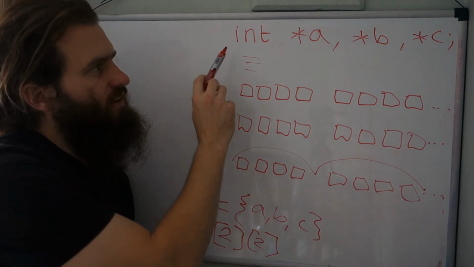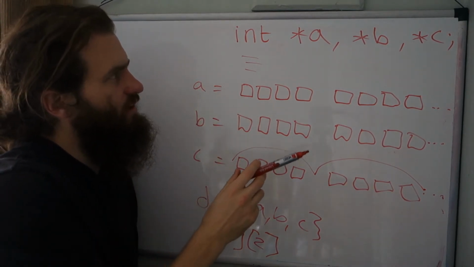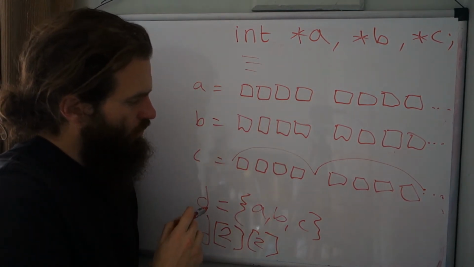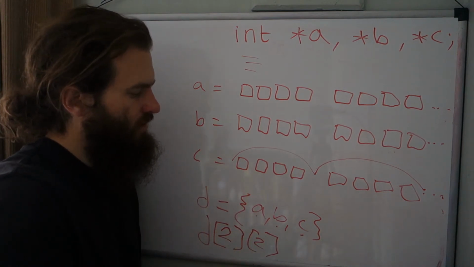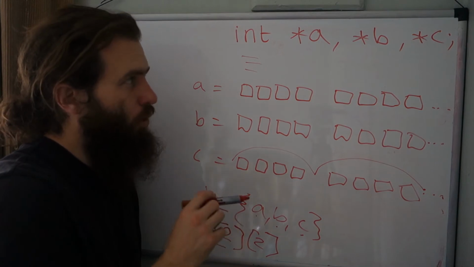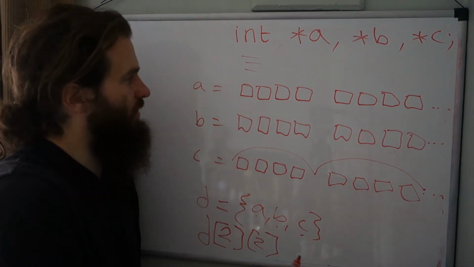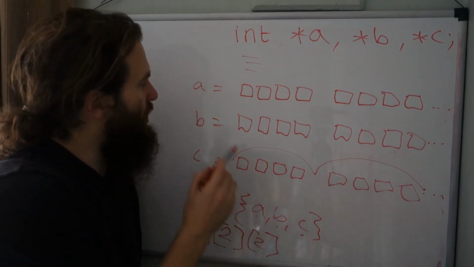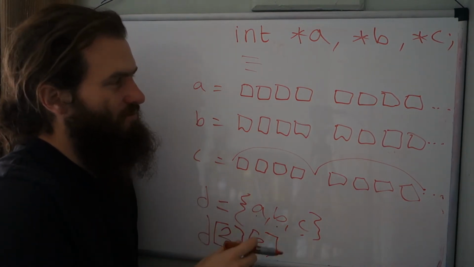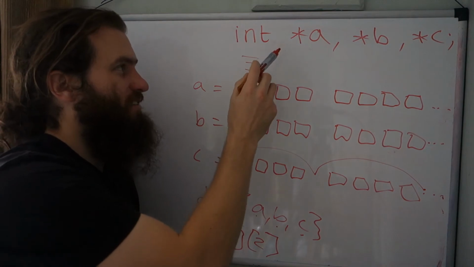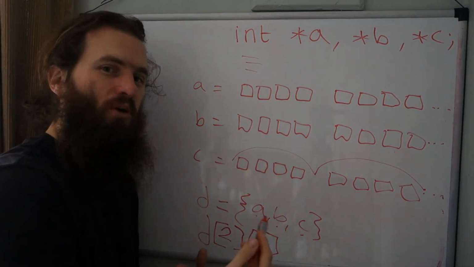But whereas each of these A, B, and C is an integer pointer, what we're actually pointing to in each of these cases is a pointer to an integer pointer. So each of these A, B, and C needs to be the address of A, B, and C, which is the address of a pointer. So it's a pointer to a pointer.